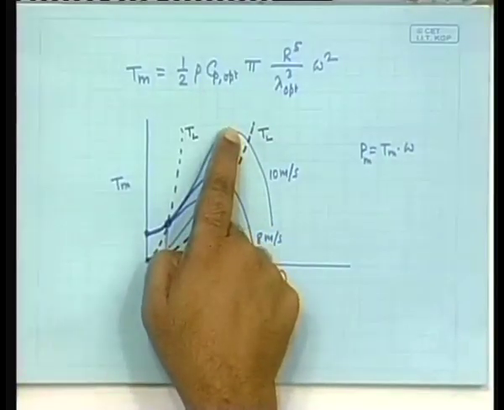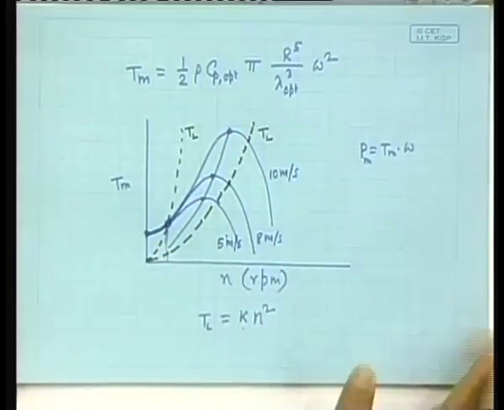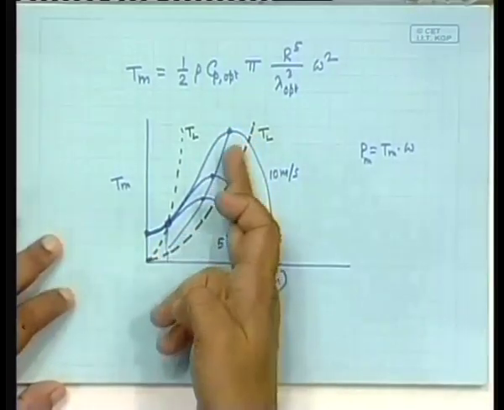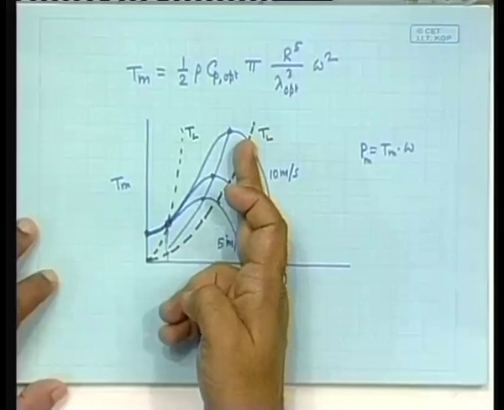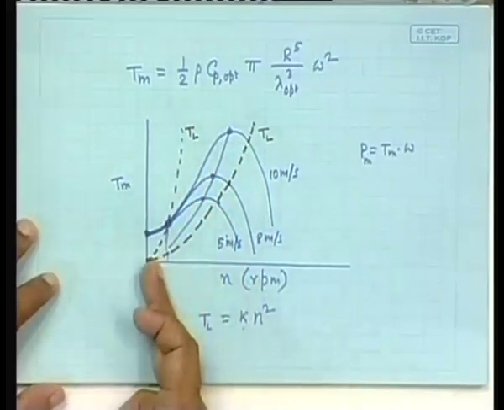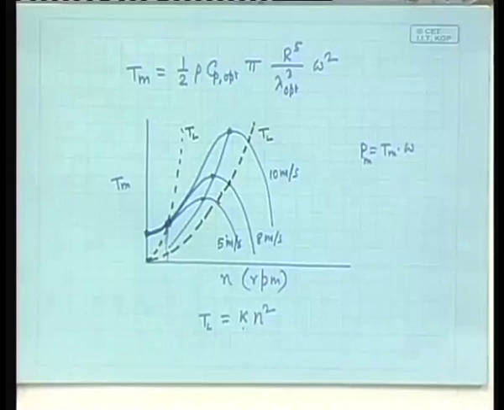Same thing will happen here. There is a torque given by the wind generator, there is a back torque given by the motor, and these two should be tuned in such a way that you can operate on this line. And if the tuning fails, this is what happens. In this case, it will operate suboptimally, and in this case, it will operate hopelessly badly. The machine will rotate very slowly. Why? Because of this problem.